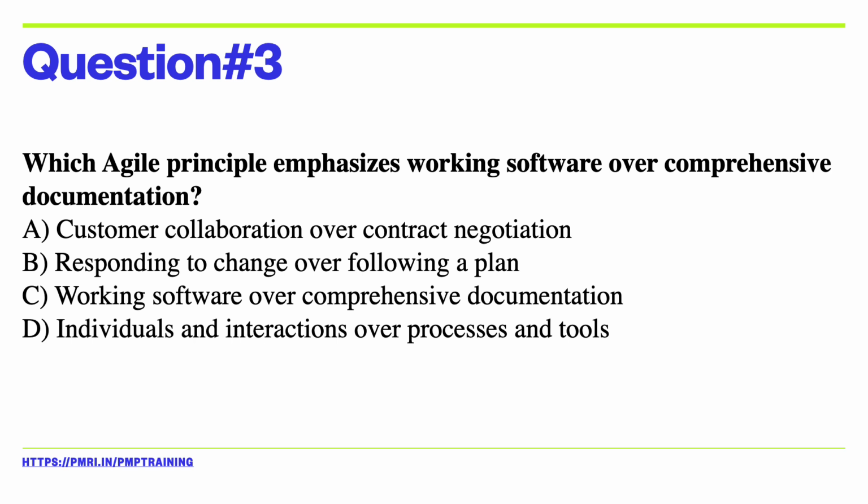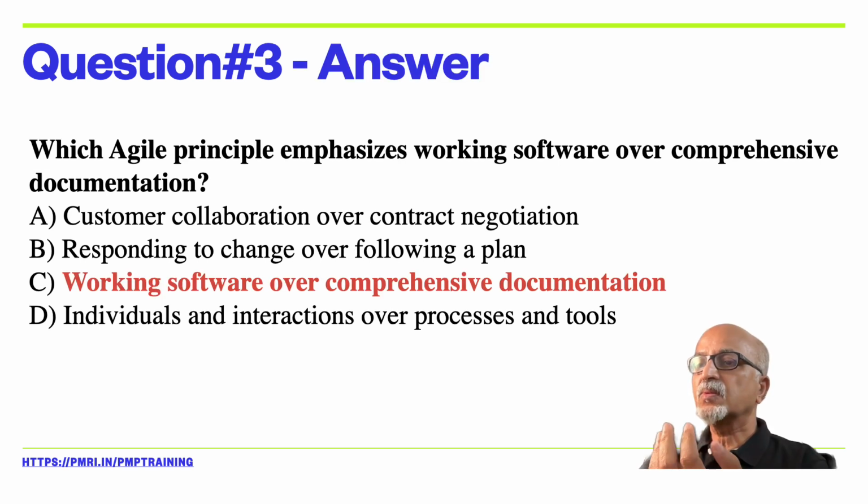Option C, working software over comprehensive documentation. And option D, individuals and interactions over processes and tools. Let us see the correct answer. The correct answer is working software over comprehensive documentation.